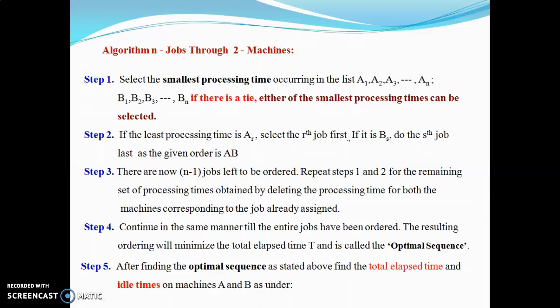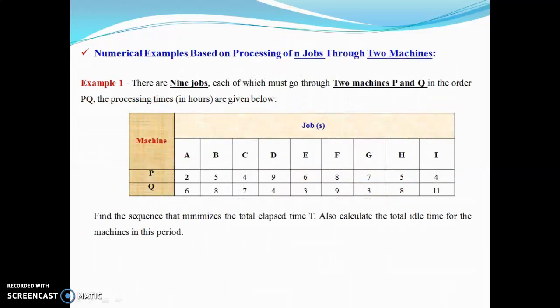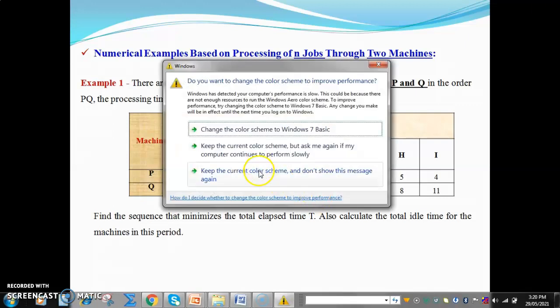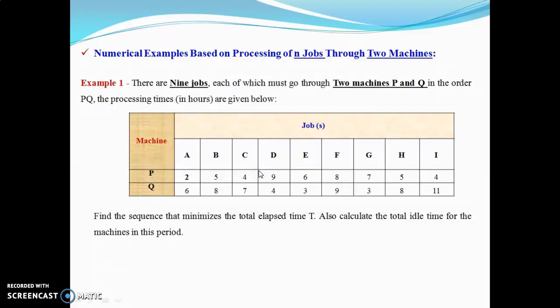So now, today we are going to discuss the numerical example on processing of n jobs through two machines based on Johnson's procedure or algorithm.